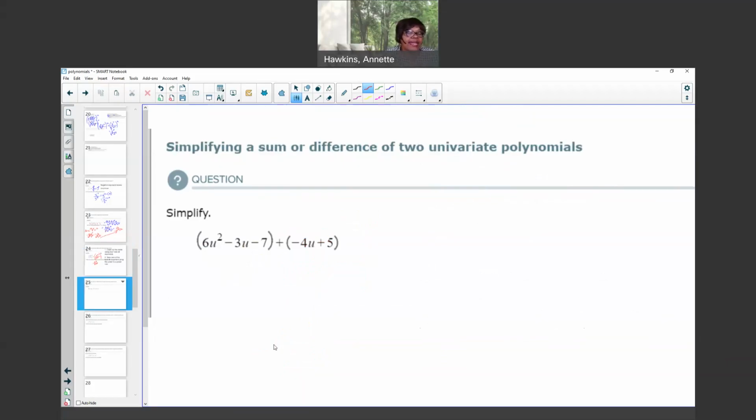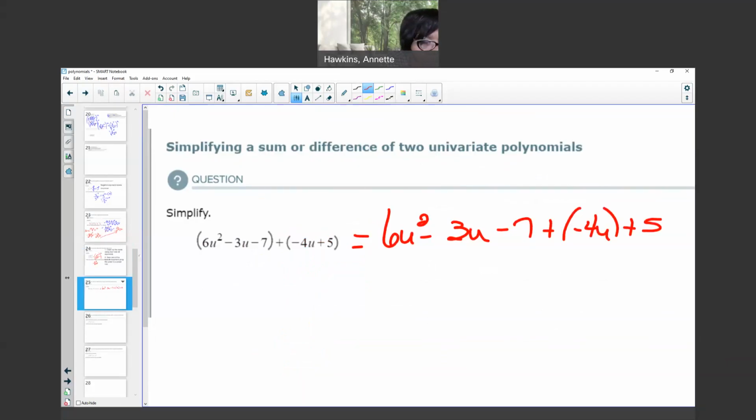Here we are adding, and we add like terms, okay? And like terms are just like labels. So what are the terms in question? We got a u squared, u to the first, and then a number.